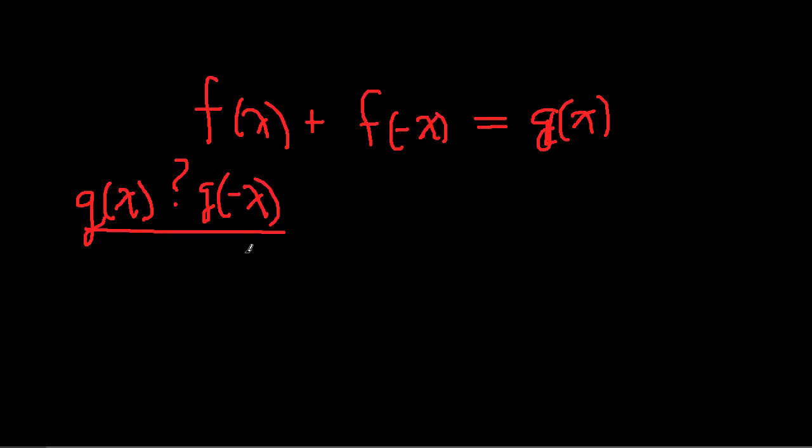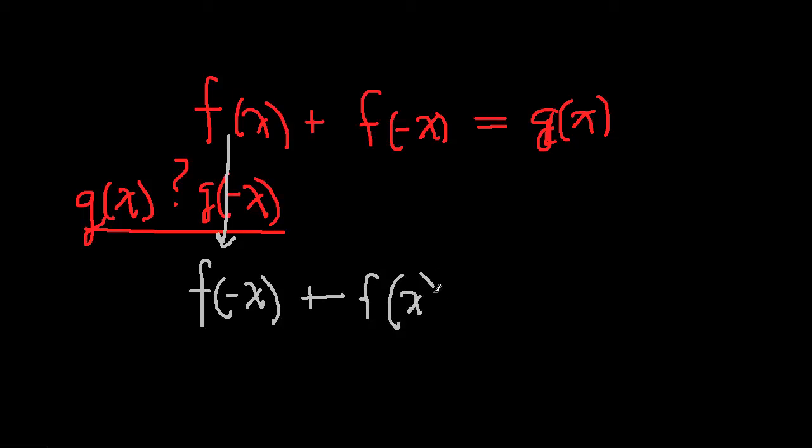What is that relationship? Now go back over here. g of x is equal to f of x plus f of negative x. Everywhere there's an x, let me replace it by negative x, so that this f becomes f of negative x, plus this negative x becomes a positive x, and this is g of negative x.